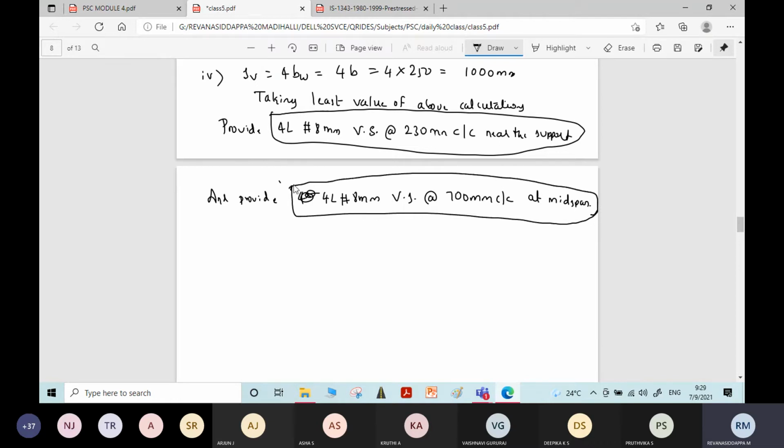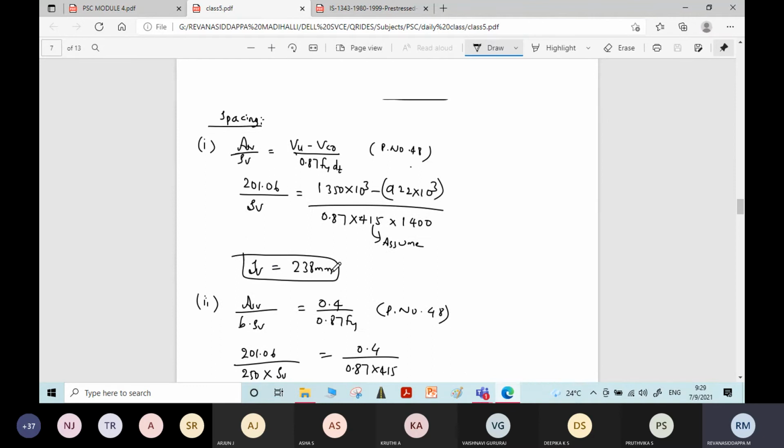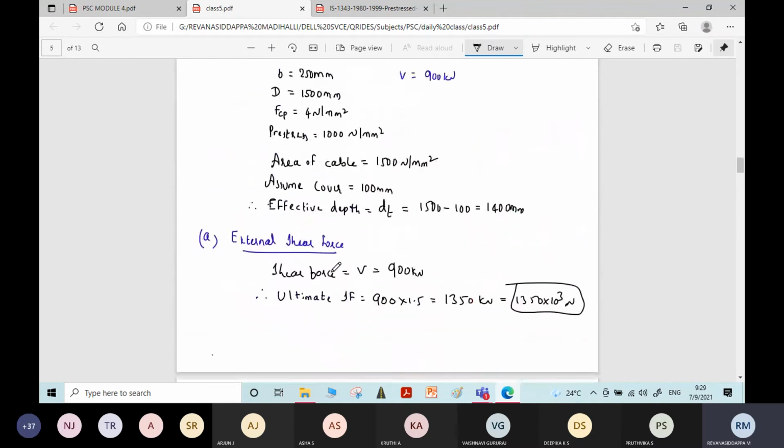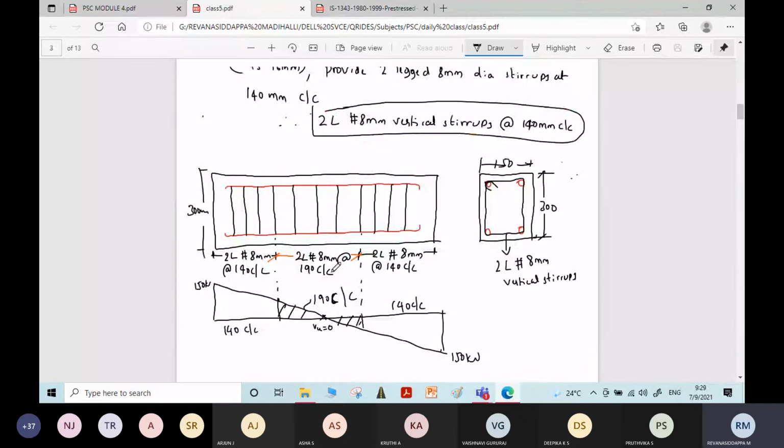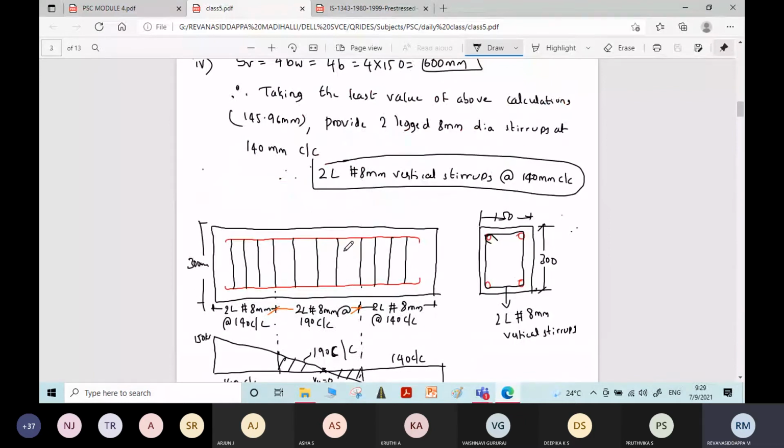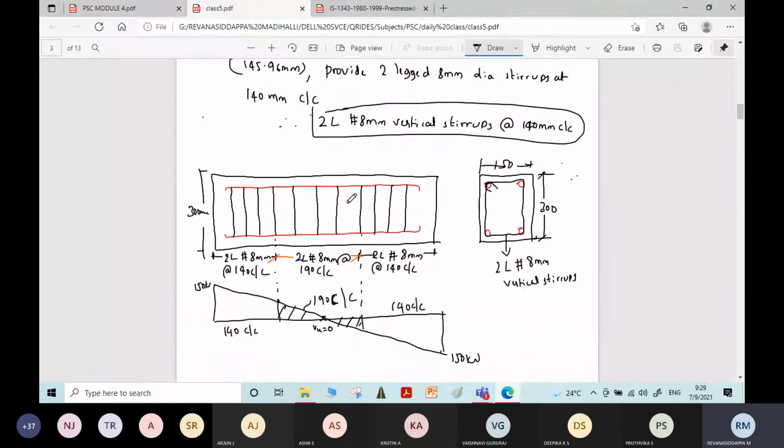Okay, write the reinforcement details. Here I already written. Write the same diagram. Okay, same diagram. Just change the values. I'll just change the values here. We have chosen 4-legged.